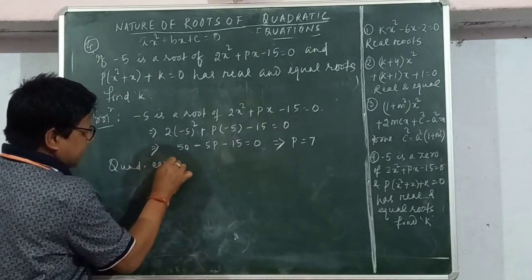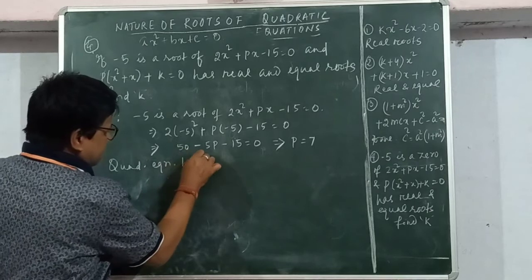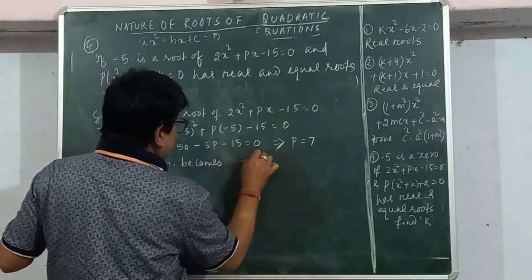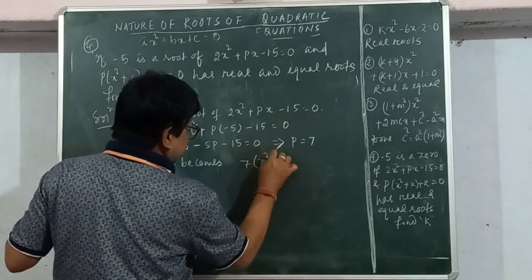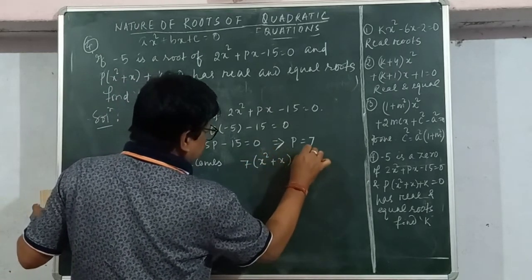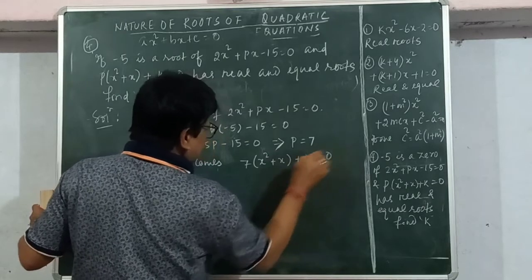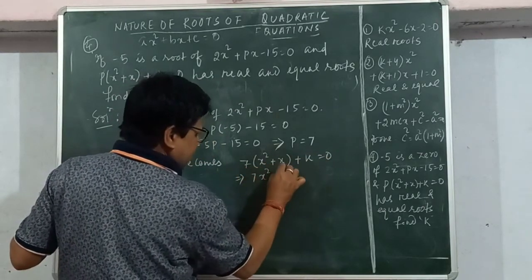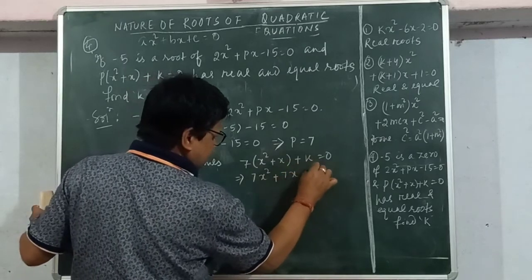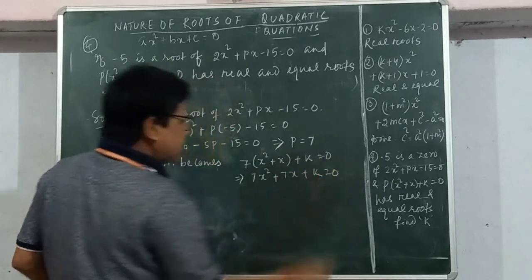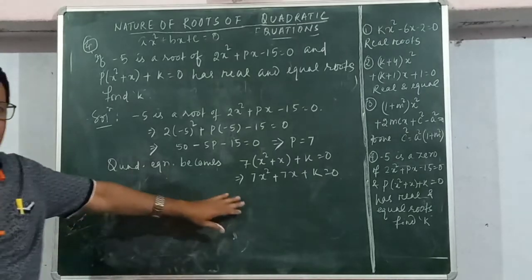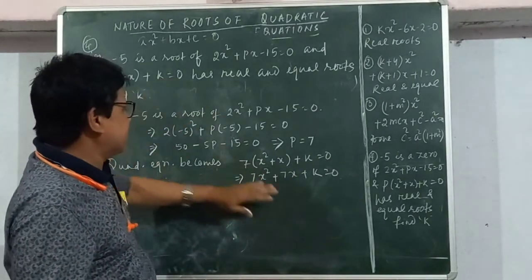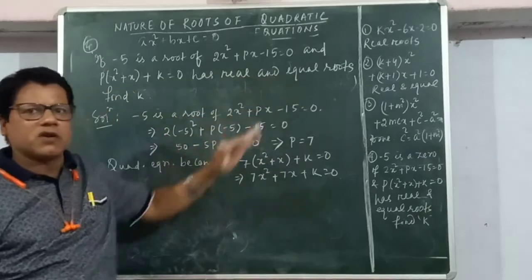So the second quadratic equation becomes 7 into (x square plus x) plus k is equal to 0, implies that this is 7x square plus 7x plus k is equal to 0. This is your quadratic equation. Now here it is given that this quadratic equation has real and equal roots.